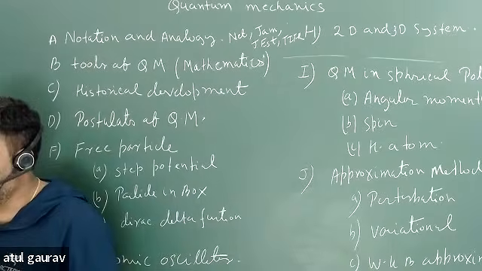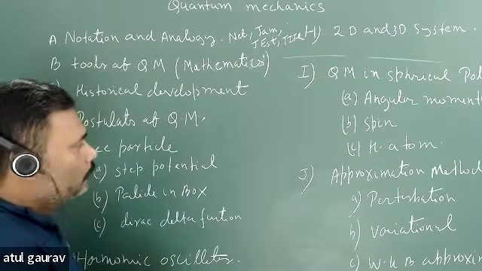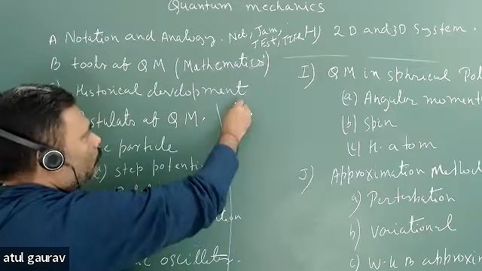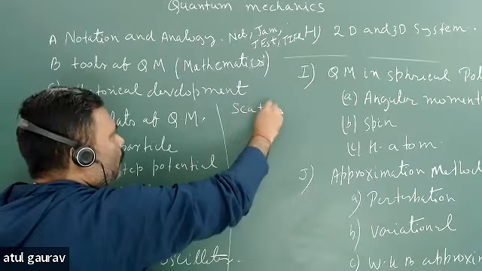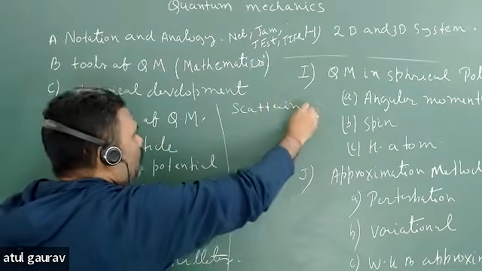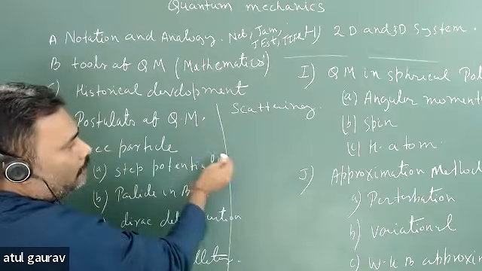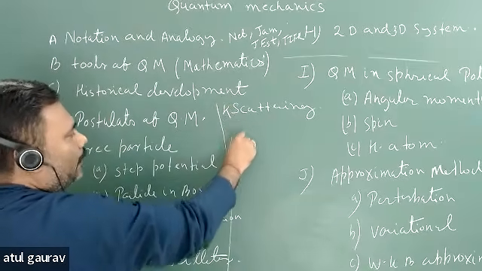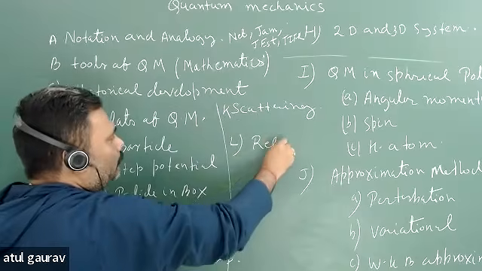Then I can use this space also. And then we have to go for scattering. And J, K is there. And L is relativistic quantum mechanics.